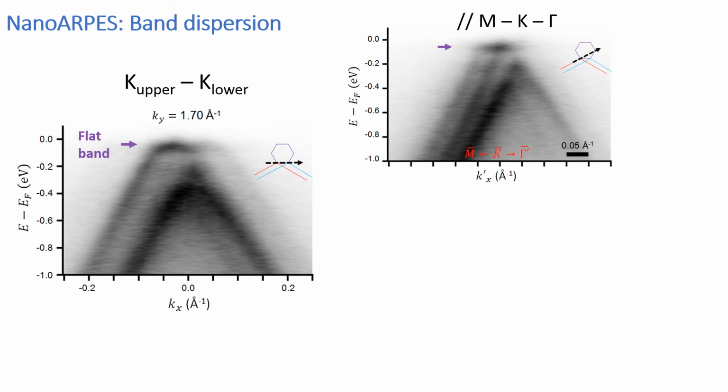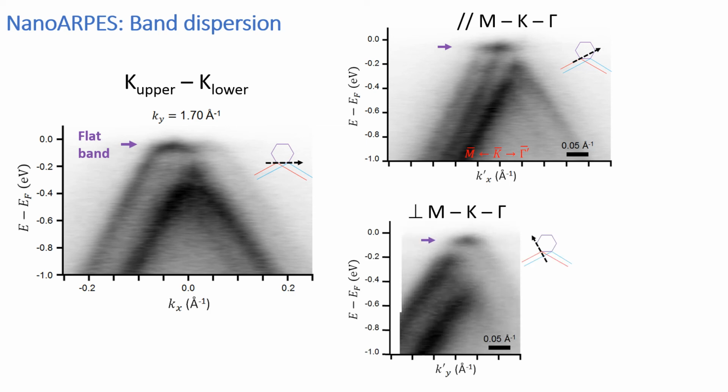At the top right image, along a cut parallel to the M-K-gamma points of the Brillouin zone of the original monolayer graphene. And below it, we have a cut that is perpendicular to this direction. In each of these visualization directions, we can observe that the flat band features emerge near the Fermi level, as marked by the purple arrows.